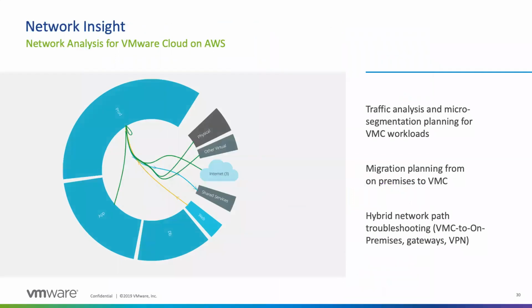Then the next piece is, okay, I want to start looking at relationships between the applications in my environment. And so you can do something as simple as download Network Insight. You can use the SaaS service for 30 days for free.